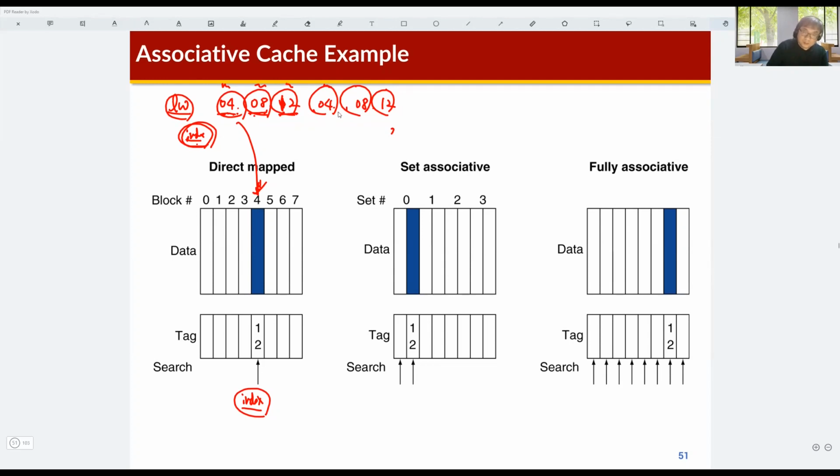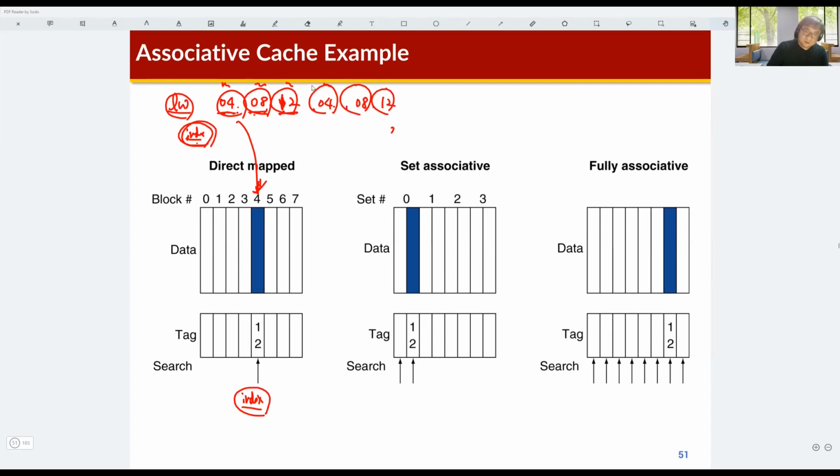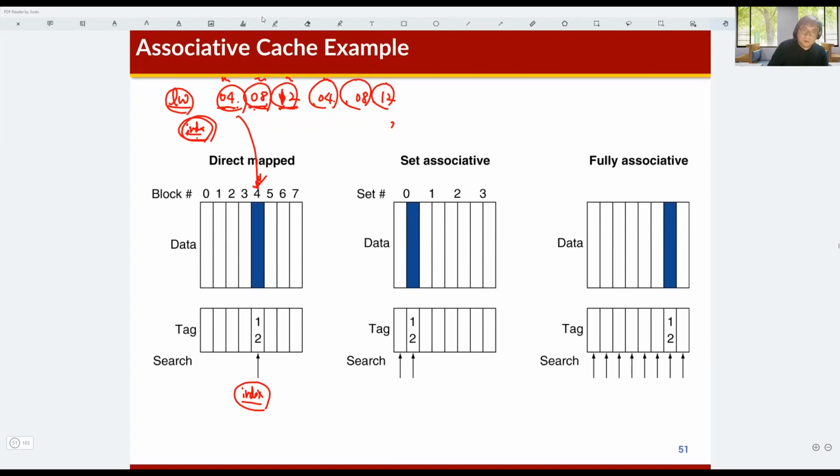But as you can see, these sequences have locality. With this sequence, 04 is repeatedly accessed, 08 is also repeatedly accessed, 12 is also repeatedly accessed. So this data has temporal locality, but this locality is not utilized by the cache. Why? These sequences share the same index number.